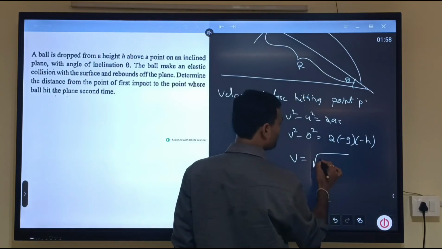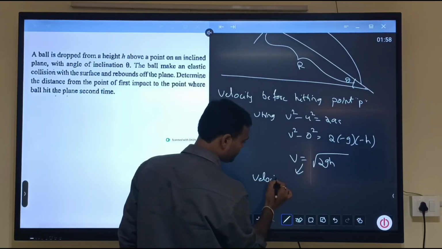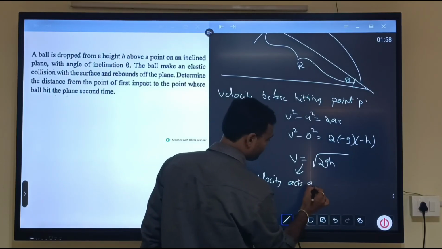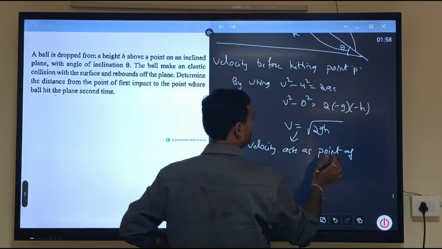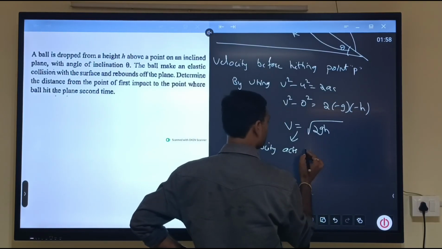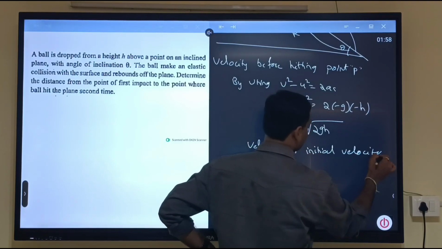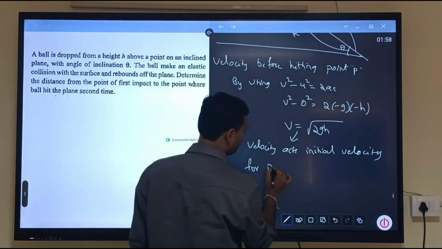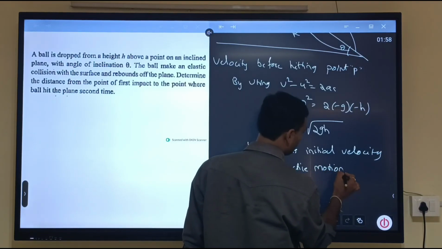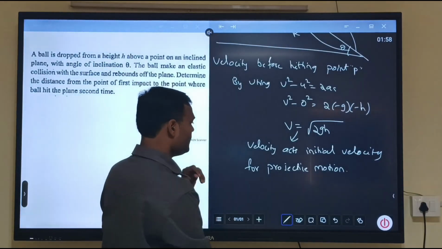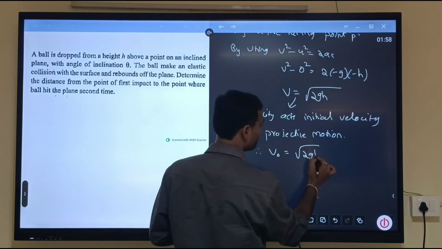Then v is equal to root of 2gh. Now, this velocity acts as the initial velocity for projectile motion. Therefore, we consider v naught is equal to under root of 2gh.